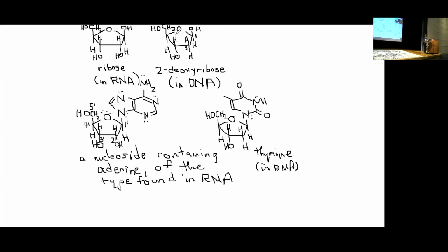We've learned about the sugars that we use, which are going to be ribose and deoxyribose in RNA and DNA respectively. And this gives you an idea of how the nitrogen base is connected to that sugar molecule in order to form a nucleoside.